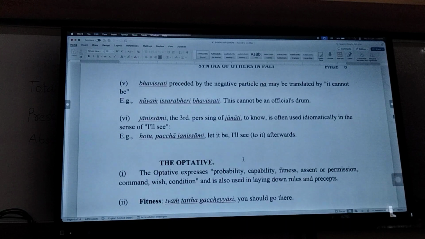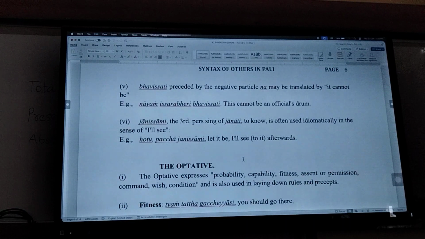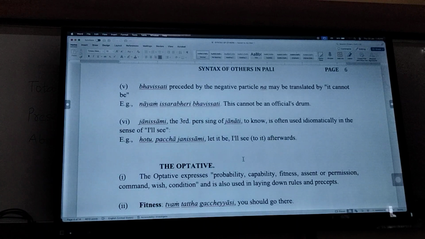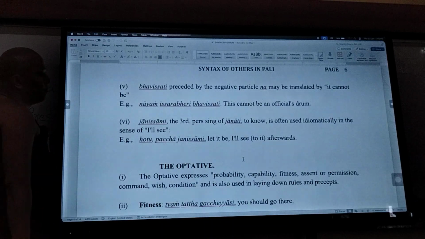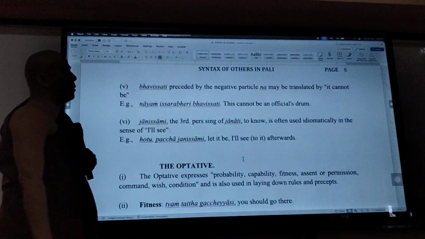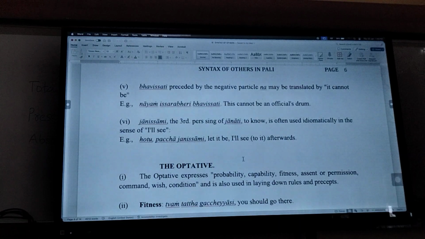Then number 5: the future tense preceded by the negative particle. At that time it can be understood as "it cannot be", not "it will not be", the opposite of "must be": it must be, it mustn't be, it cannot be.